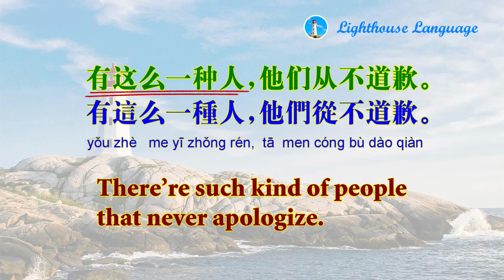In the main clause, which is of 有 structure, the subject 人 has a modifier 这么一种 meaning such kind of. So 有这么一种人 means there are such kind of people.